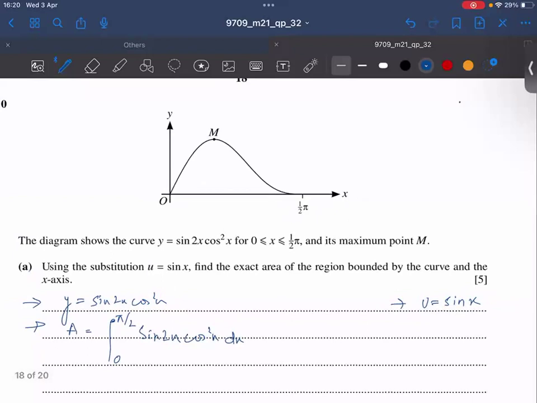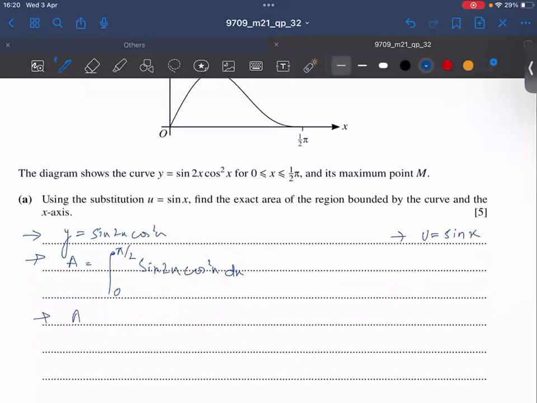Now, I need a substitution. I can write sine 2x as 2 sine x cos x, into cos square x dx.